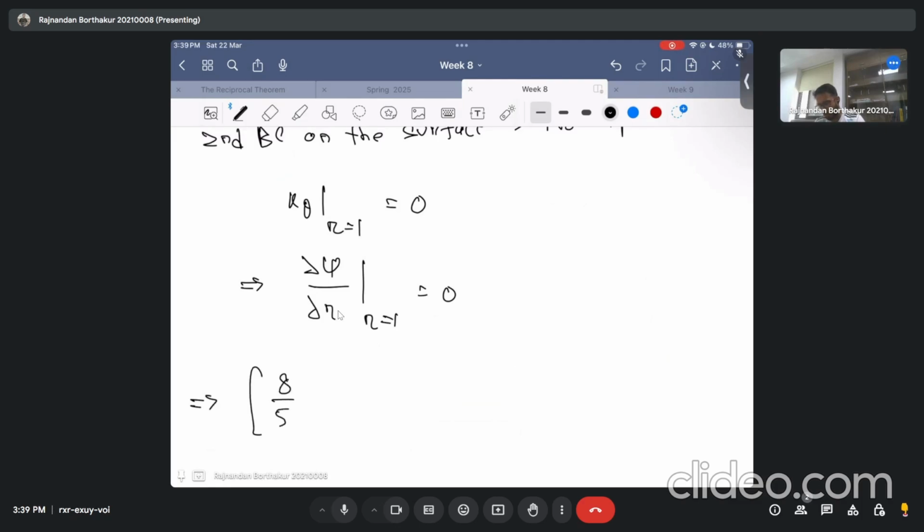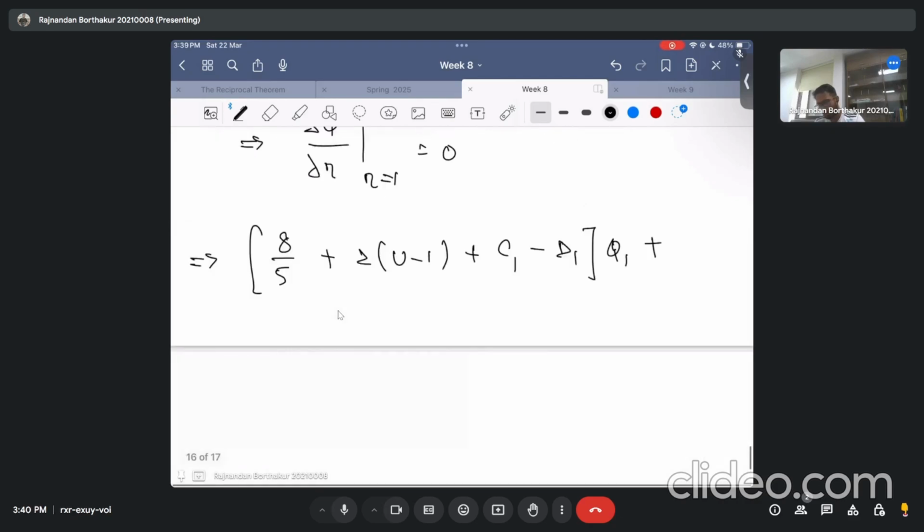You will just get 8 by 5 plus 2 times u minus 1 plus c1 minus d1 times q1, plus minus 8 by 5 minus c3 minus 3d3 times q3, and this is equal to 0.